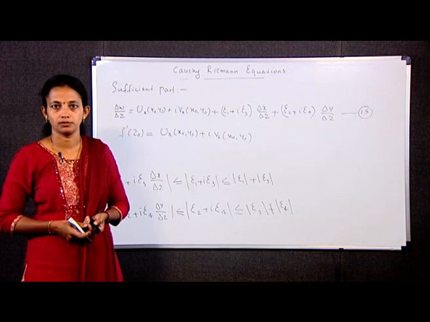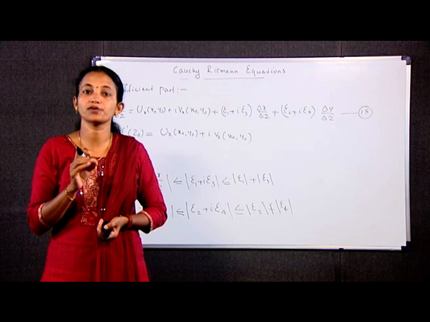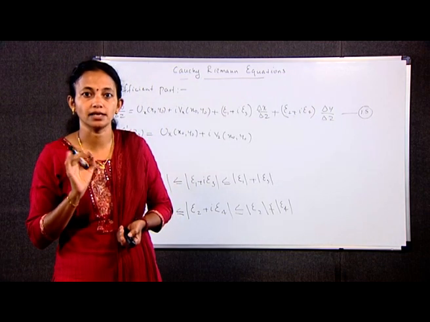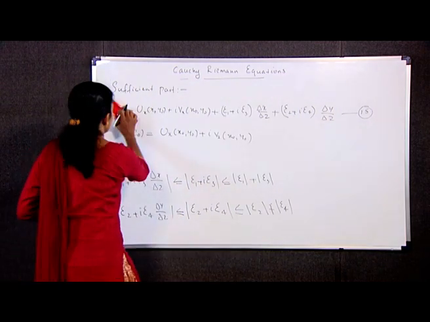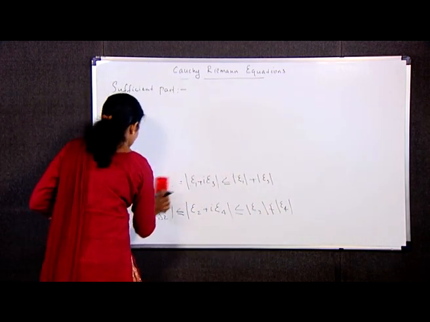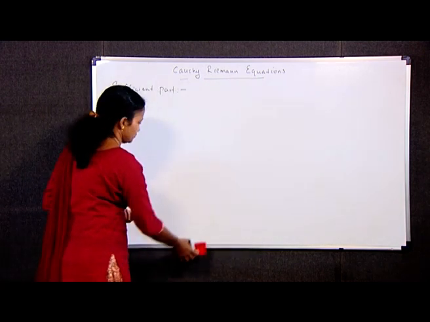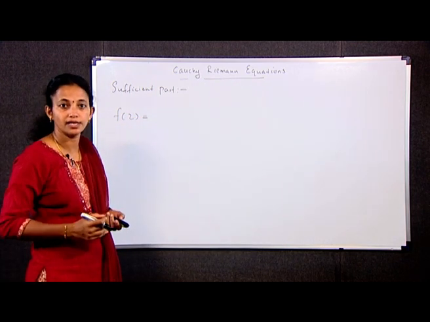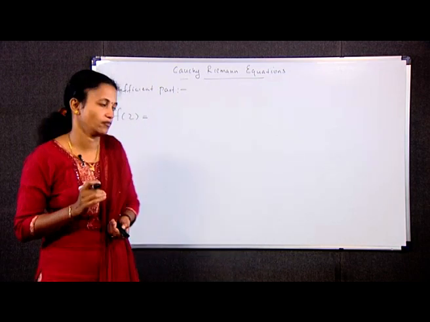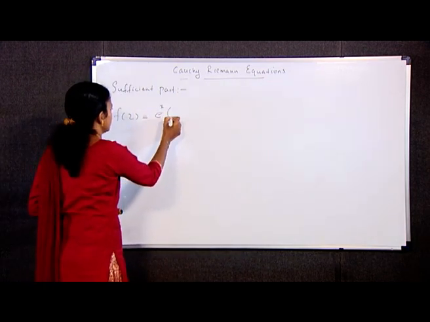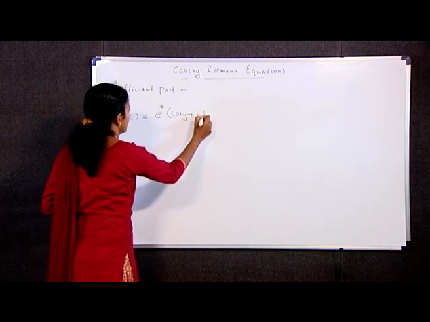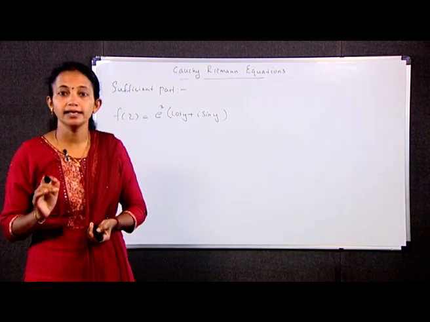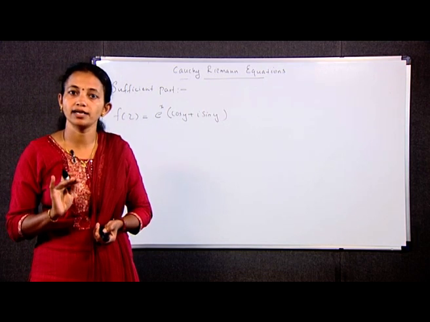Now, this completes the proof. Next, we have an example. We now examine the differentiability of the function f given by f z is equal to e raised to x into cos y plus i sin y, where y is taken in radians and cos y and sin y are evaluated.